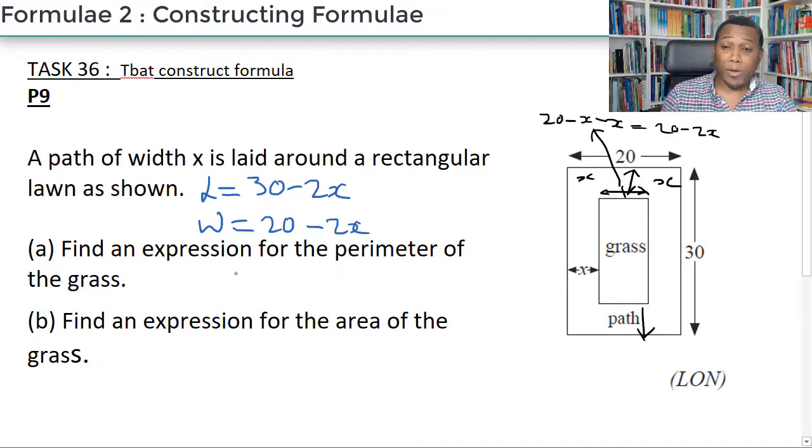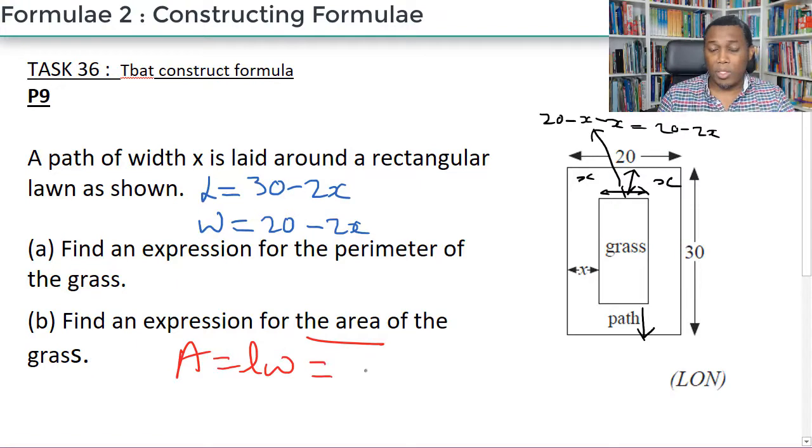Now the perimeter. How do I find the perimeter? Well, let's do the area first. I think the area is easy, because the area is equal to length times width, which in this case is 20 minus 2x. You have to put it in brackets to get the multiplication done properly. Non-negotiable, must put it in brackets. Multiply by 30 take away 2x.